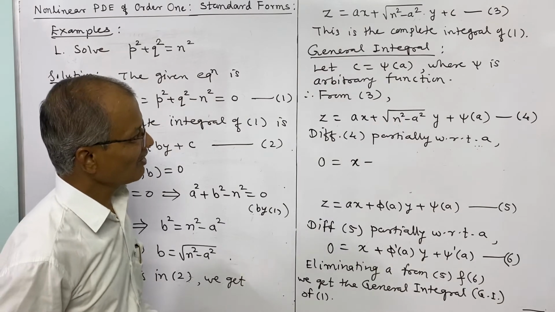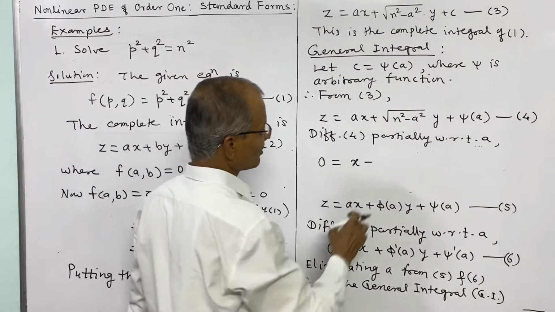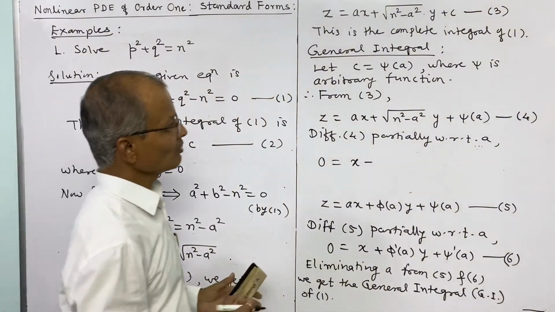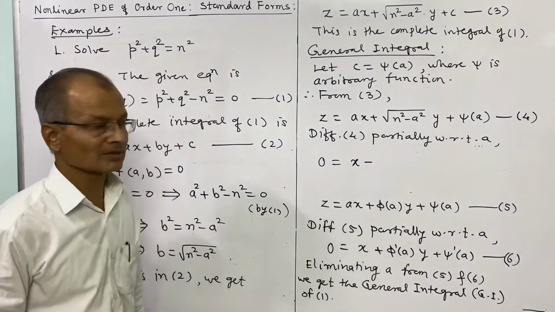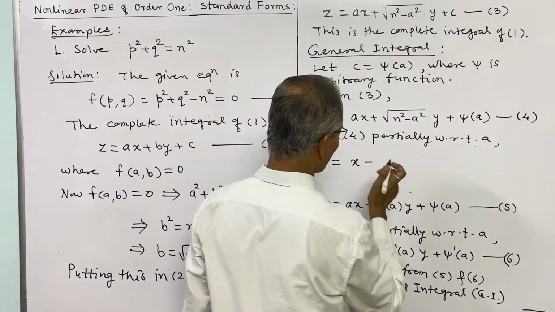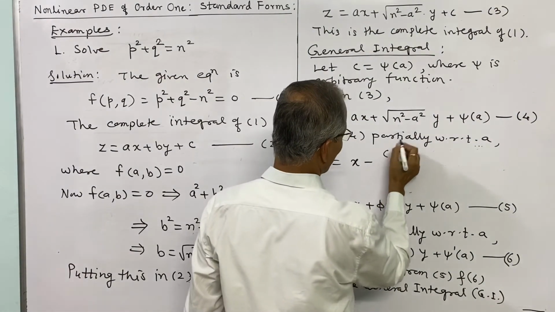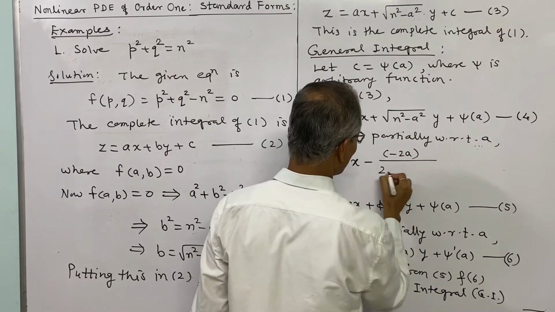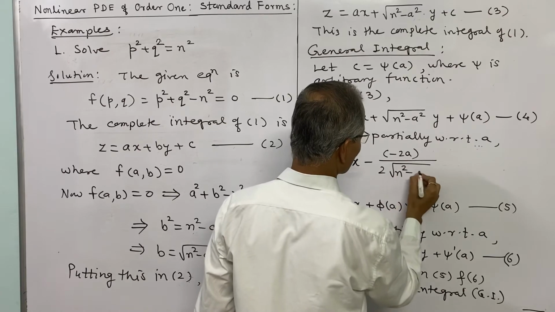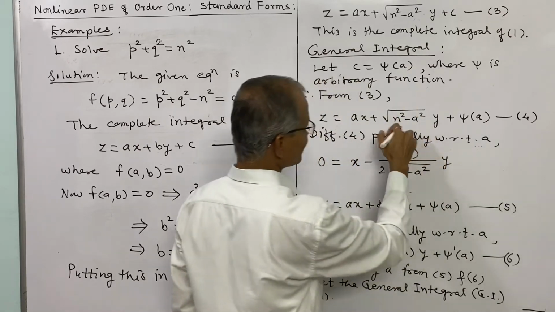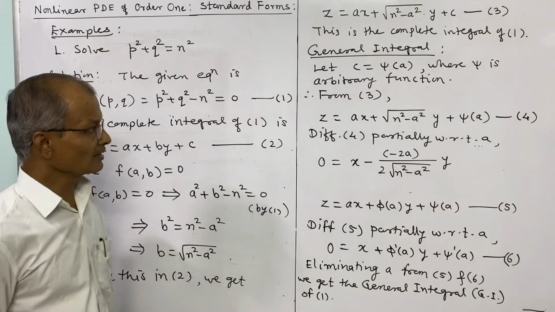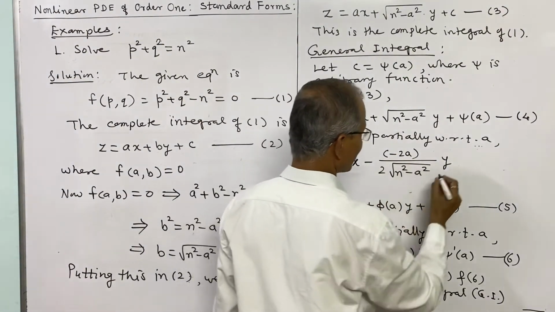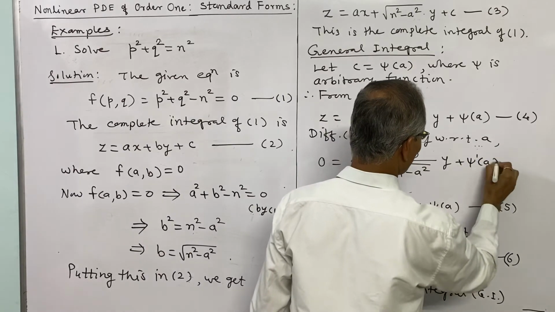By the formula on differentiation, under root x derivative is 1 over 2 into root x, and the derivative of the inner function is minus 2a, divided by 2 into under root of n square minus a square. This much is the derivative of root of n square minus a square. This 2 cancels and the negative sign becomes plus psi dash.